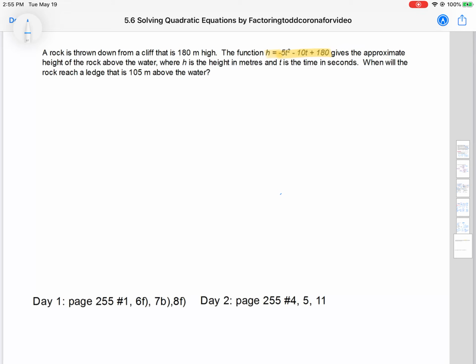So we don't really need a let statement because it says h is the height in meters and t is the time in seconds. But we do have to do a little bit of work here. We are trying to find the value of t, the time, when, right?